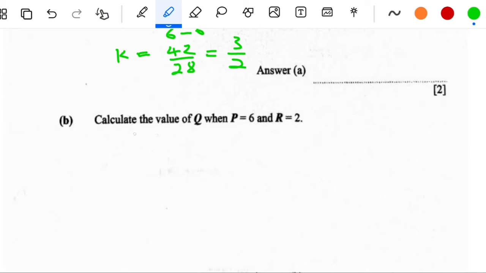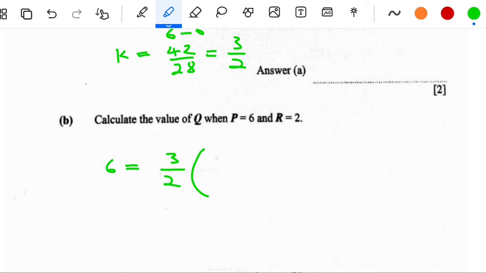Then B, calculate the value of Q when P is 6 and R is 2. So this is straightforward. We just plug into our equation there. So you've got P is 6 equals 3 over 2.